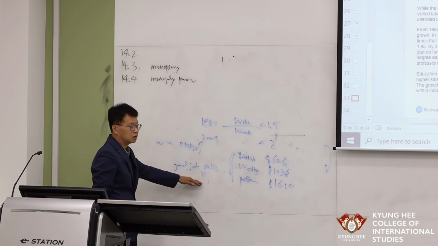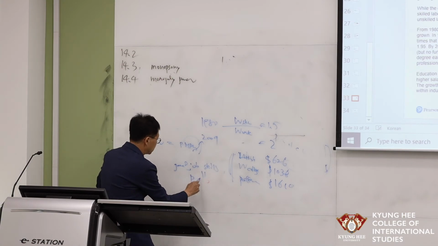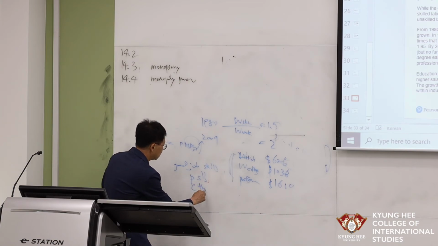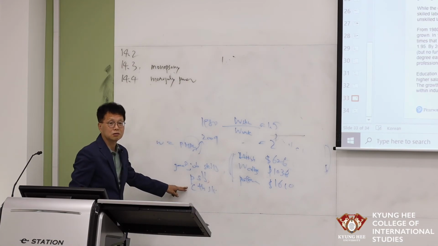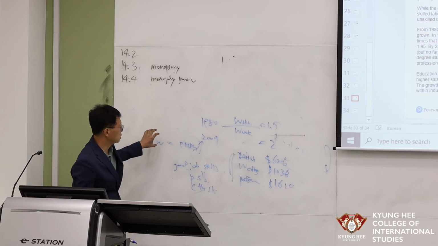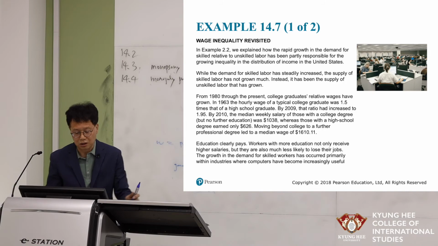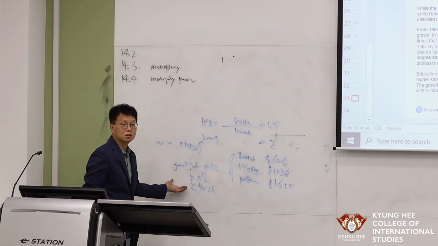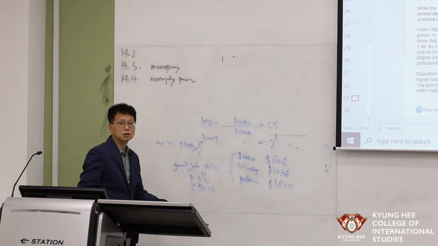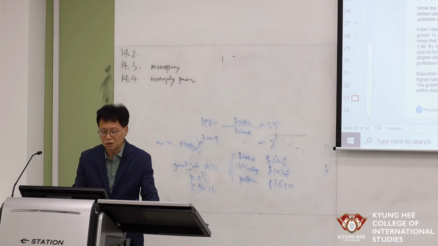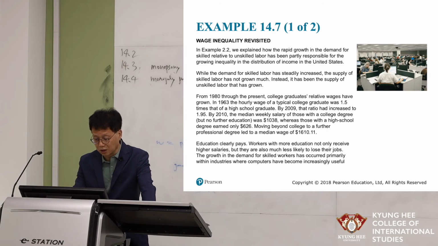General job skills are problem solving skills or critical thinking skills. So higher skills mean higher productivity, so you receive higher wages. That is a basic idea. But in Korea, we don't have this kind of idea. It's just, I graduated college, so I have to receive a higher wage. That is not true. You have to increase your capability or productivity.